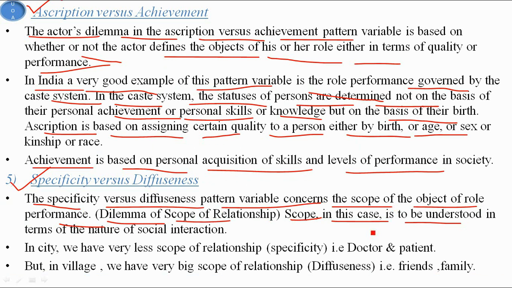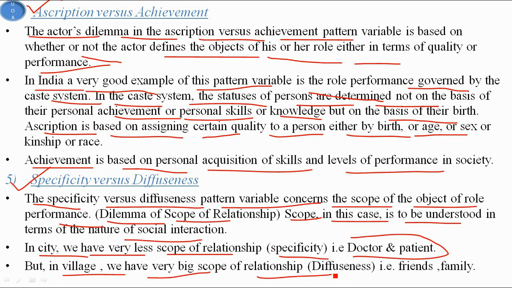For example, scope in this case is to be understood in terms of the nature of social interaction. In a city, as you know, we have very little scope of relationship, that means specificity, that is a relation between doctor and patient, so it forms a standard procedure or rules of interaction.